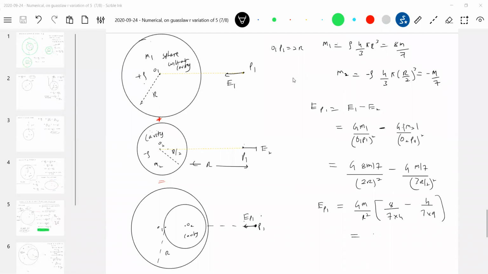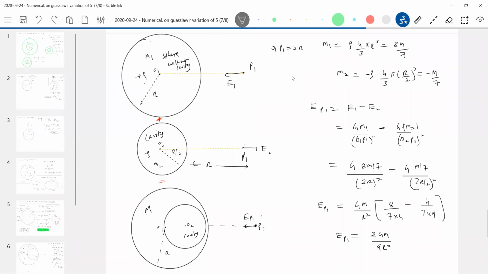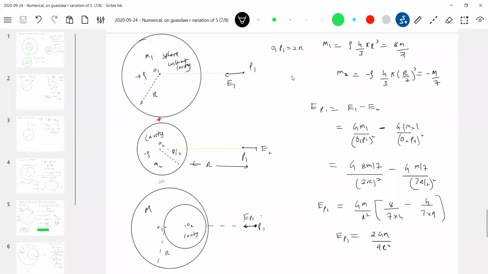How will 7 cancel out? 2GM by 9R square. Net, I got positive. What does it mean? It will be towards left only. Okay, I agree with this negative density idea. So do one thing: take a watermelon and scoop out this region. If you scoop this out, then what happens? You get an empty hollow. That's the meaning of cavity here.